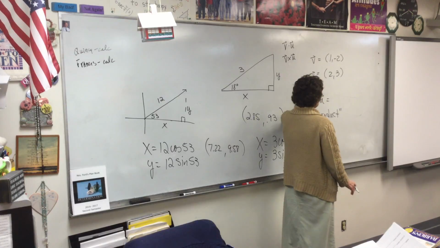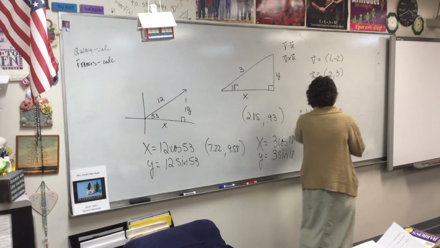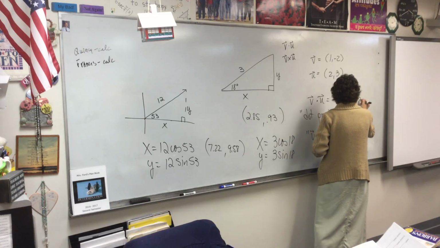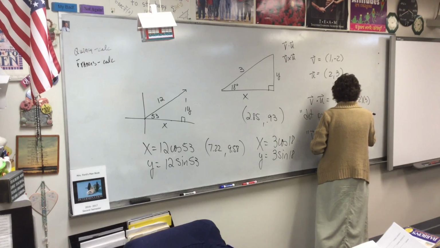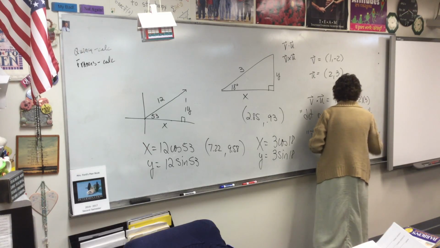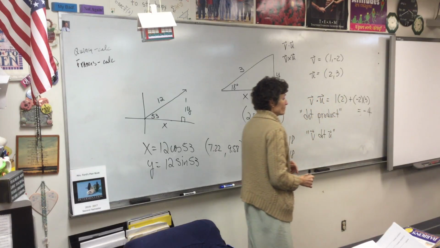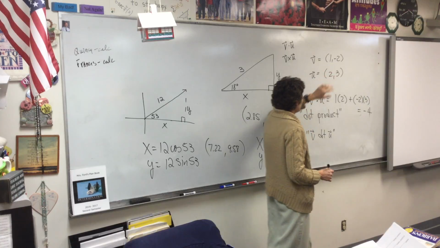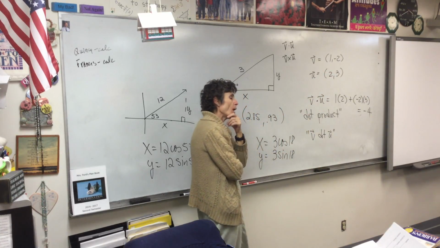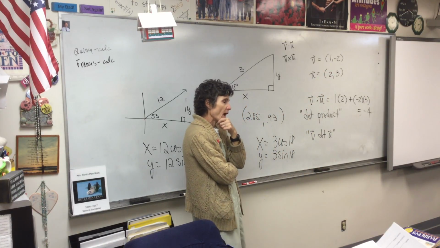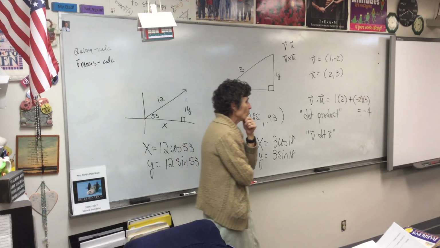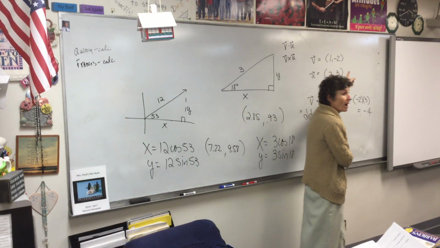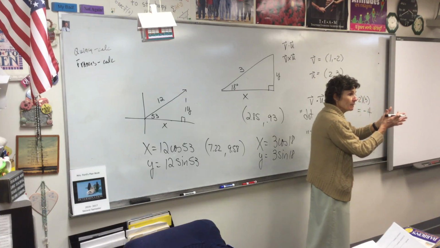Let me do this problem, and then you tell me what's going on. It's 1 times 2 plus negative 2 times 3. So the answer to the problem would just be negative 4. Take a look at the problem and tell me, how do I do a vector dot product? I took x times x, y times y, and added them up.